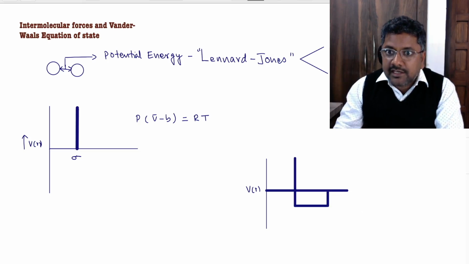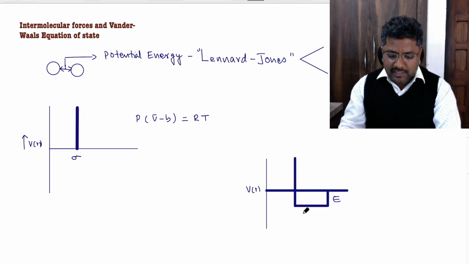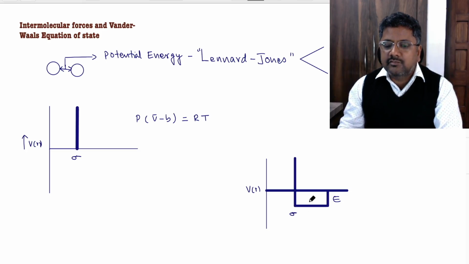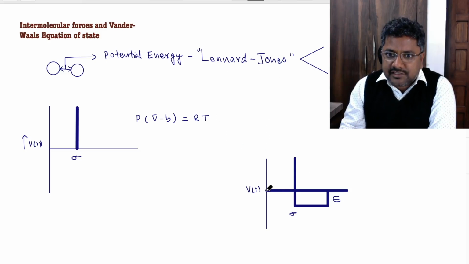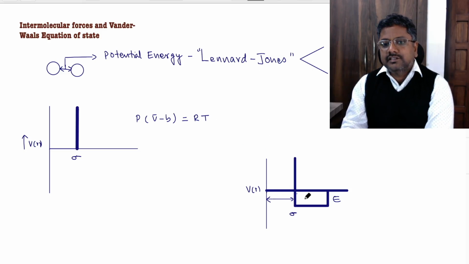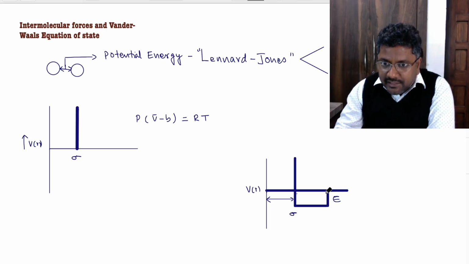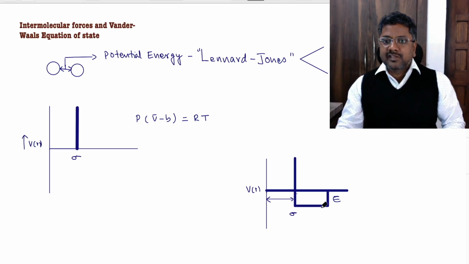This depth is represented by epsilon, and this is sigma. Sigma in the Lennard-Jones equation is the distance from here to here, and from gas to gas this distance is different. This distance is sigma, and this height, the depth of the potential well, is epsilon.